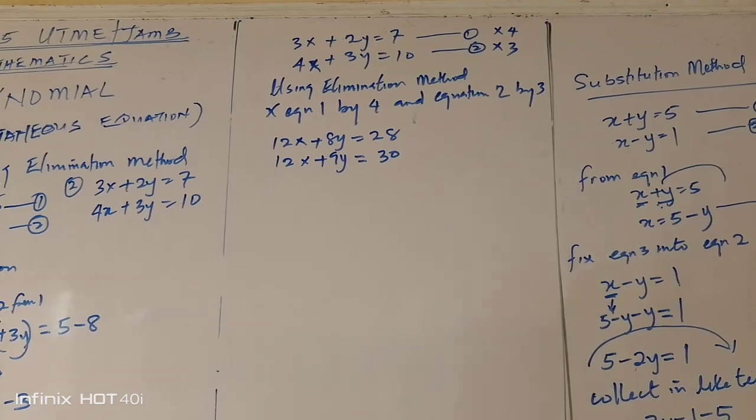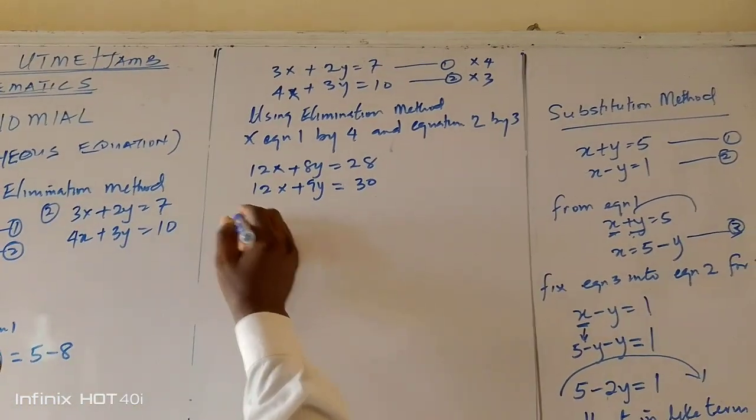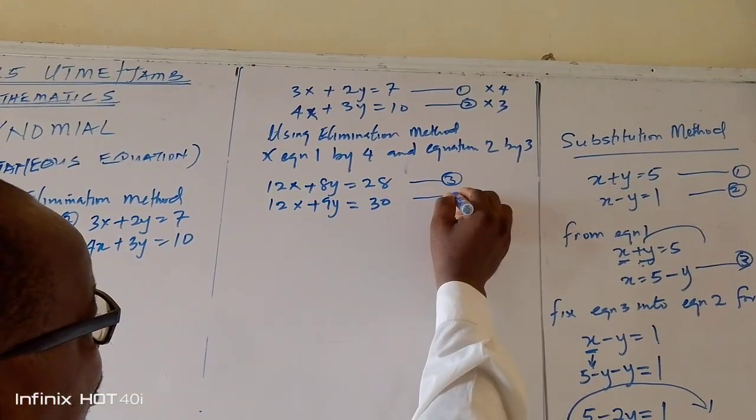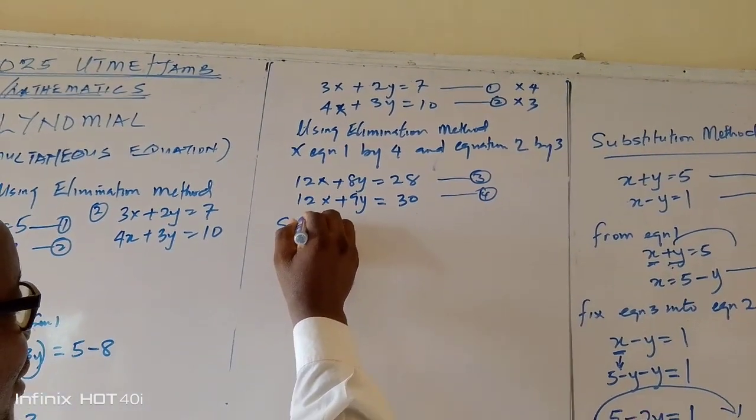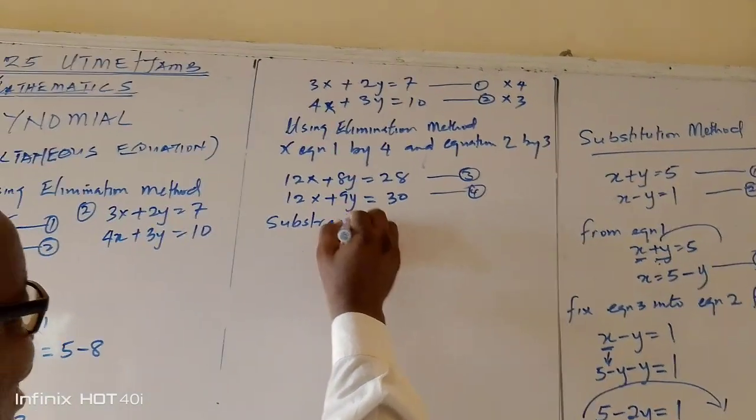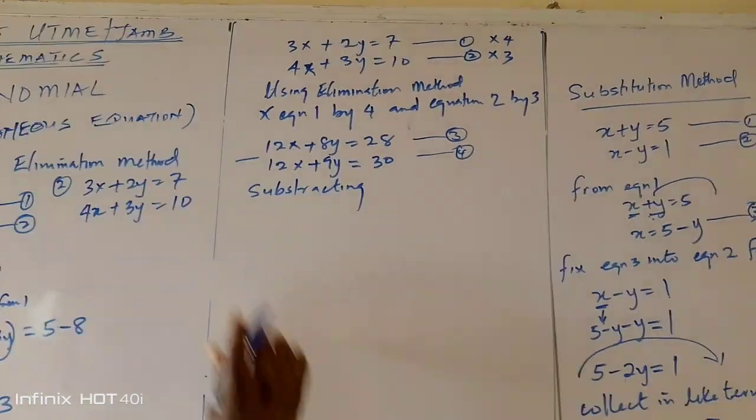Now I can eliminate. This becomes my equation 3, this becomes my equation 4. So I will say subtracting. When I say subtracting, it means I'm introducing a minus here.